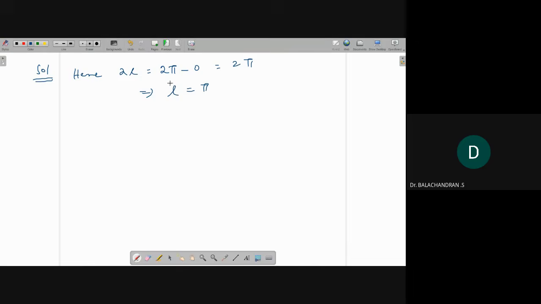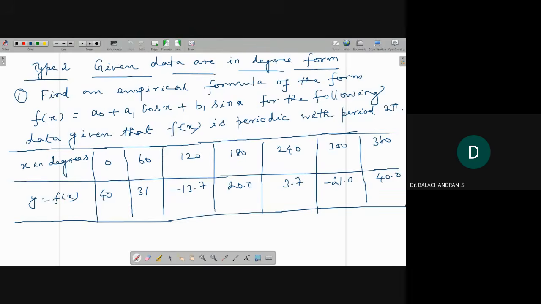And one more thing, n is the number of ordinates. Earlier I told that the number of intervals is always even.